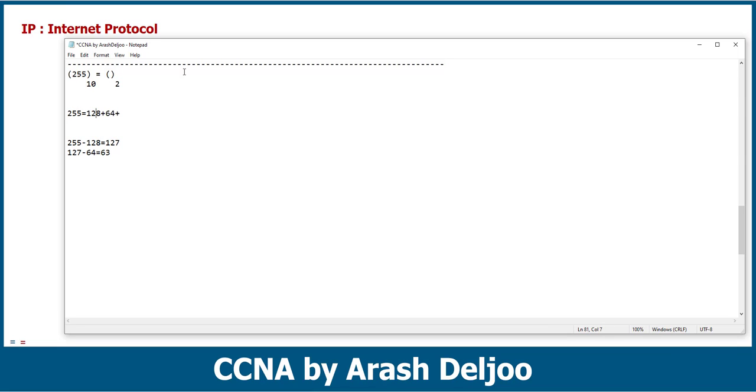After that we have 32, and if I subtract 32 from 63, the result is 31. Because of that we can use 16 again, and this means that 31 minus 16 is 15.